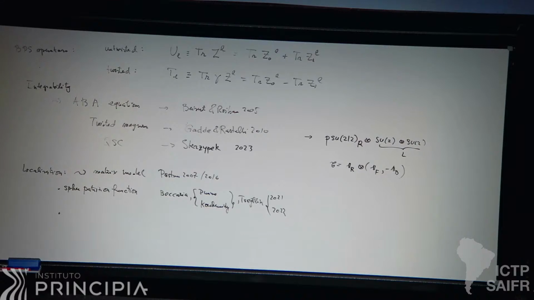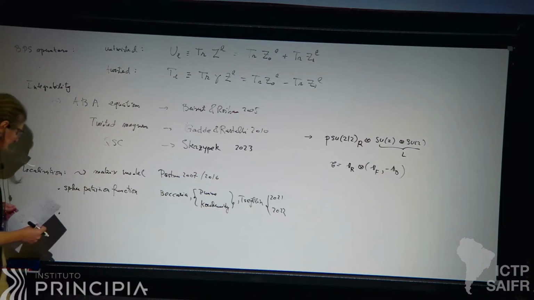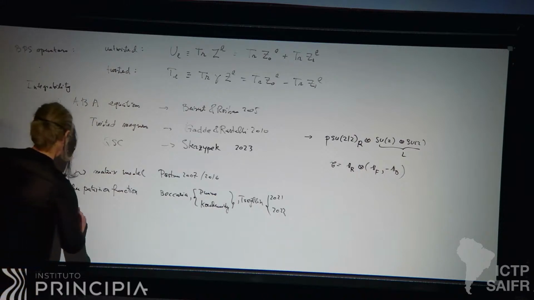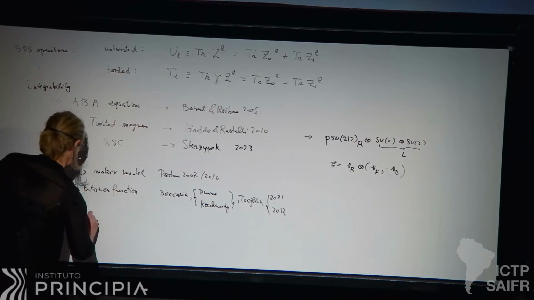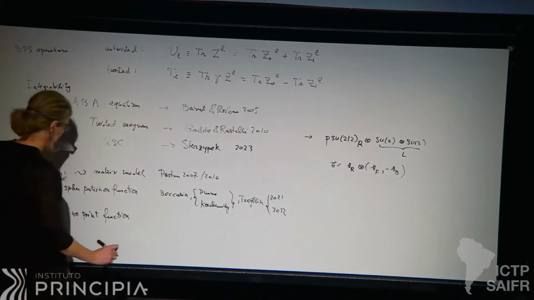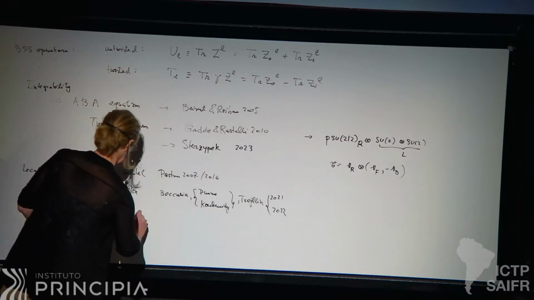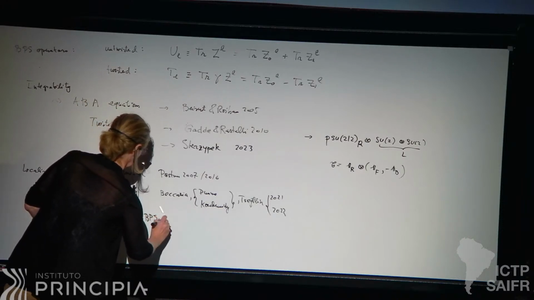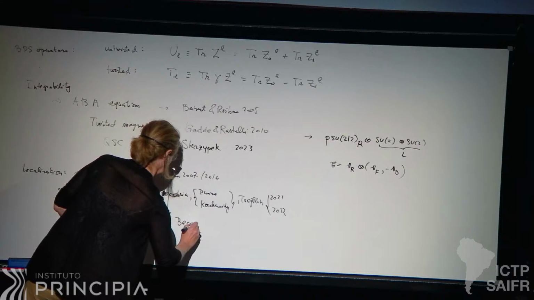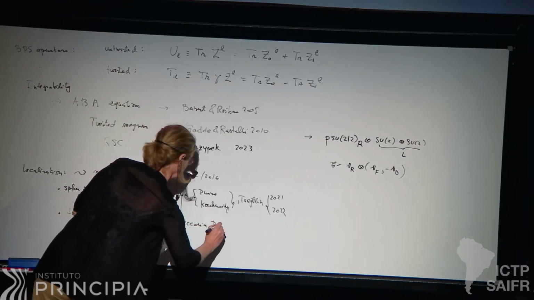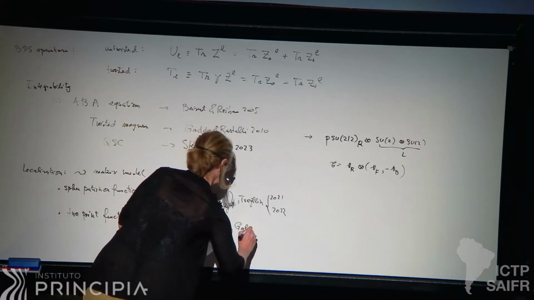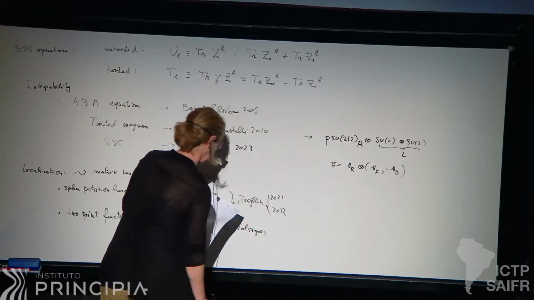After that, more or less at the same time, in the beginning of the 2020s, also the two-point function of these BPS operators was computed by a group which contains Beccaria. So it's more or less the same people, experts of localization.